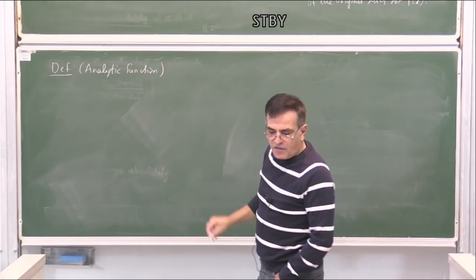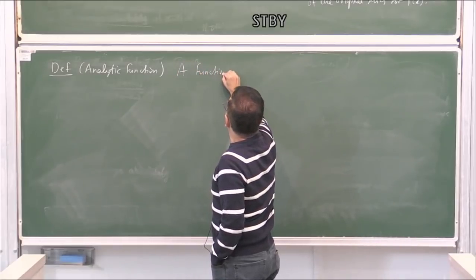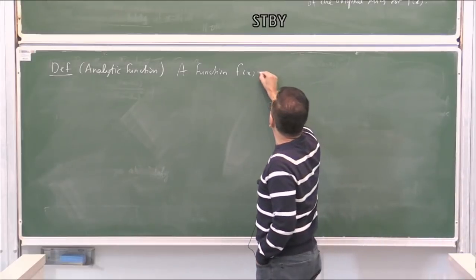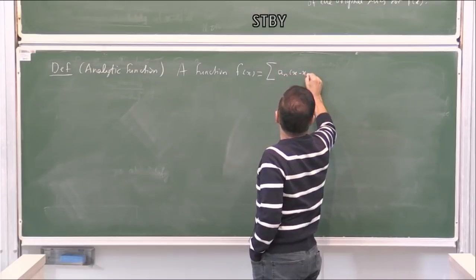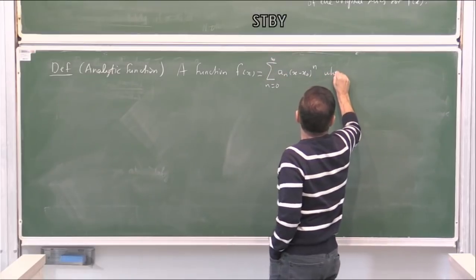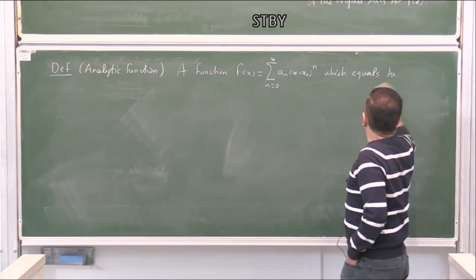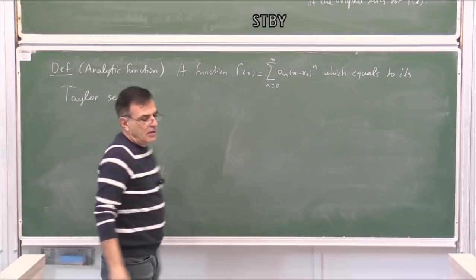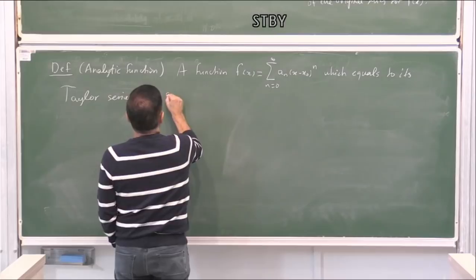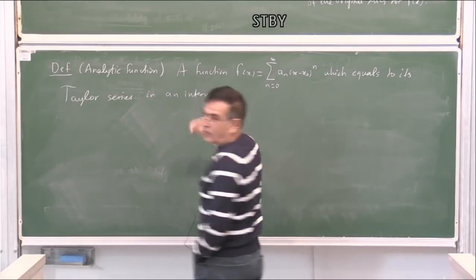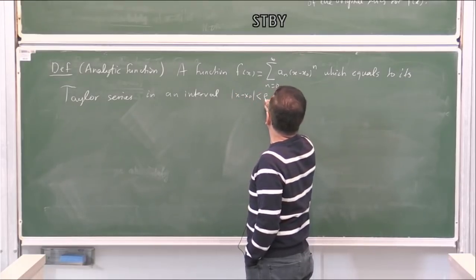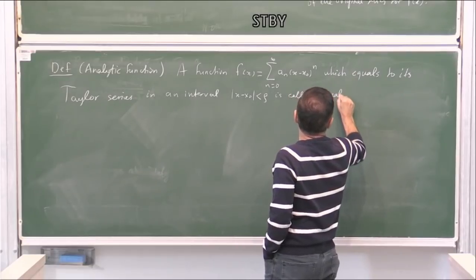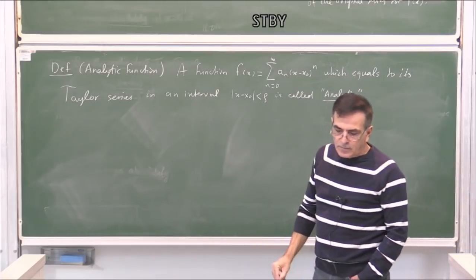We say that a function f of x, which equals the sum of its Taylor series in this way, in an interval depending on the radius of convergence, is called analytic in that interval.